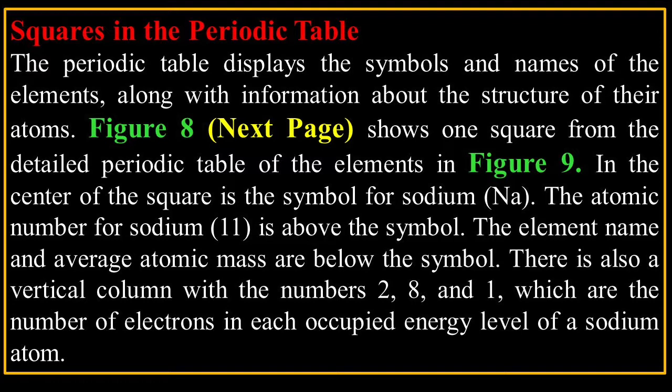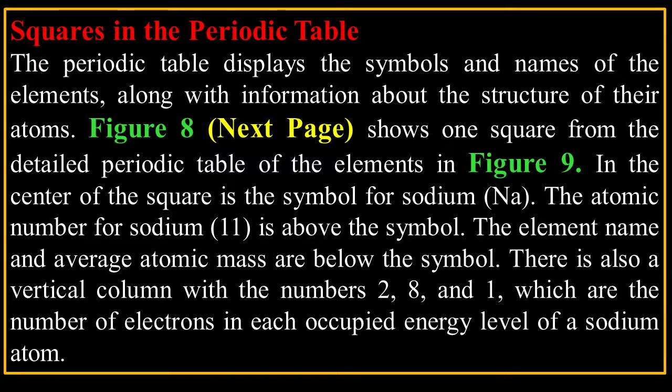Figure 8 in the next slide shows one square from the detailed periodic table of the elements in Figure 9. In the center of the square is the symbol for sodium. The atomic number for sodium, 11, is above the symbol. The element name and average atomic mass are below the symbol.